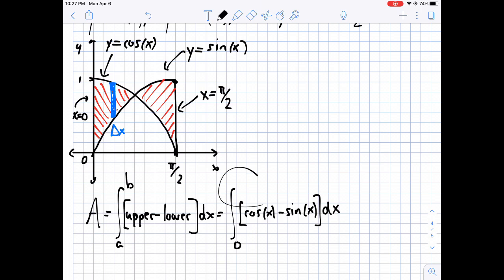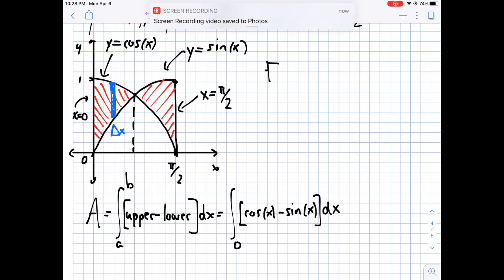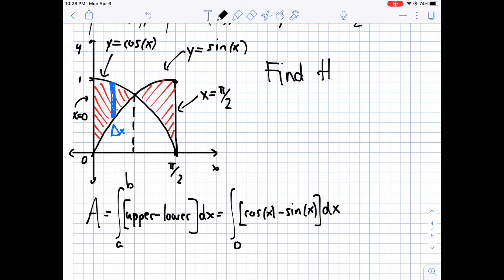But the largest value of x we need to find. The largest value of x is going to be determined by this intersection point right here. So let's take a look at what that's going to be. We need to know the intersection between sine x and cos x.